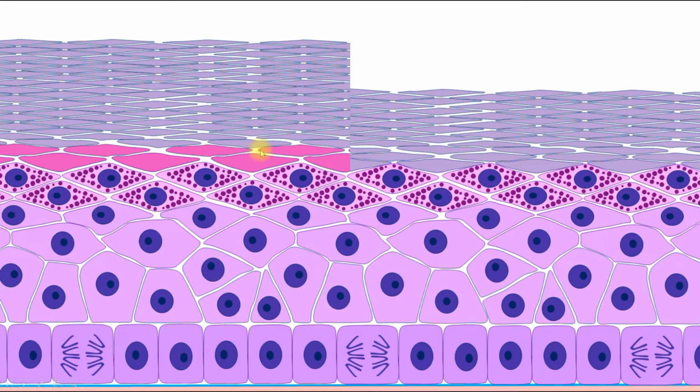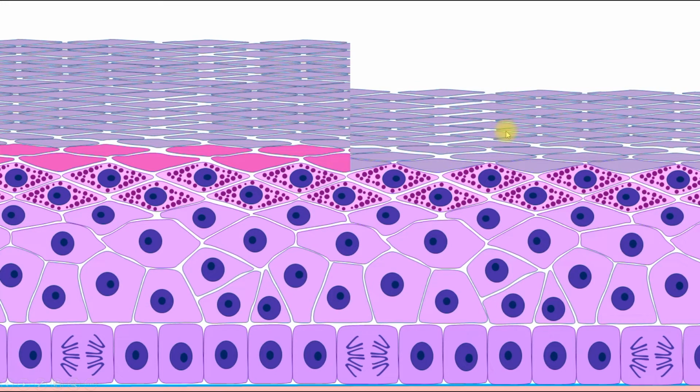It's thicker, and this type of epidermis has stratum lucidum, and here stratum lucidum is absent. So we have thick and thin skin. Thick skin has a thick, well-developed stratum corneum, and stratum lucidum is present. In thin skin, we don't have stratum lucidum, and we have a thin stratum corneum.